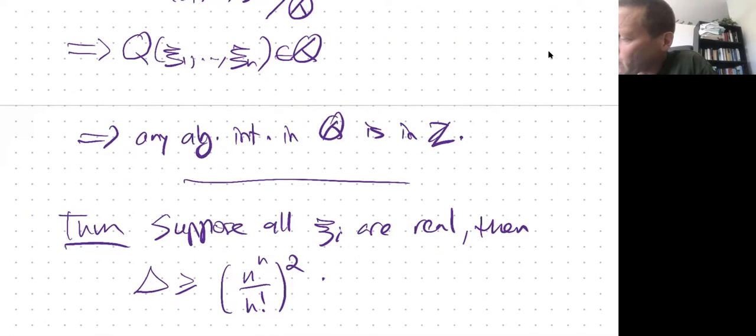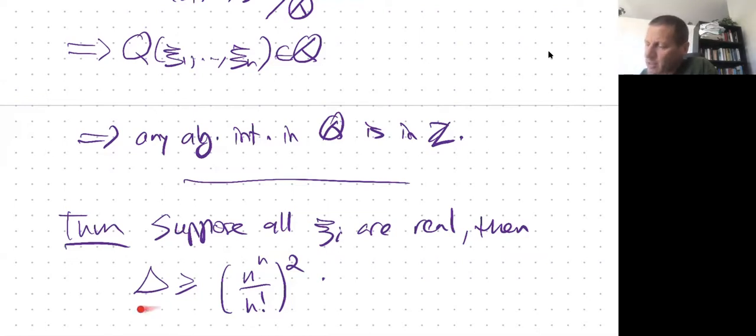And in a more general statement, you don't make this assumption about the roots being reals, and you define the discriminant not just as a discriminant of a polynomial, but as a discriminant of a so-called order, which is a subring in the ring of integers.